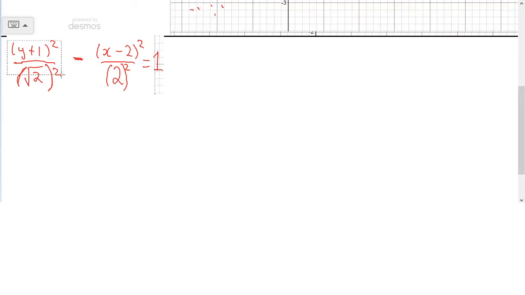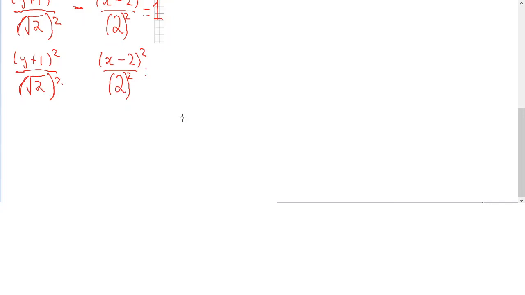I'm just going to copy and paste it below, and do the same thing for the x bit, ignoring the negative sign and ignoring the 1. You've grabbed the 2 bits, put an equal sign between them, and then you solve for y, and you're going to get 2 equations, which are the equations of the asymptotes.